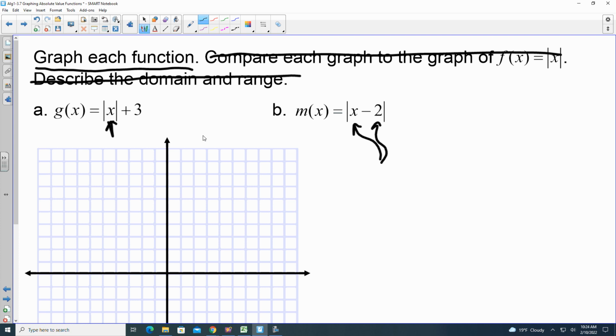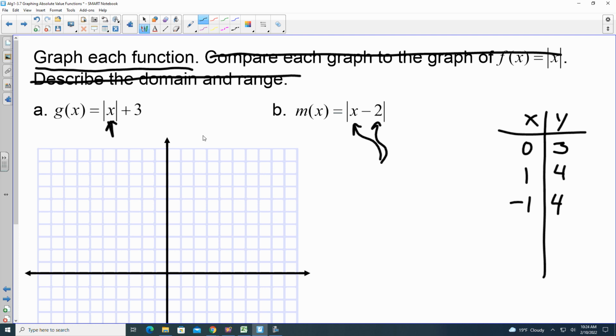If x was 0, y would be 3 because 0 plus 3 is 3. If it was 1, it would be 4. If it was, let's say, negative 1, it would also be 4.